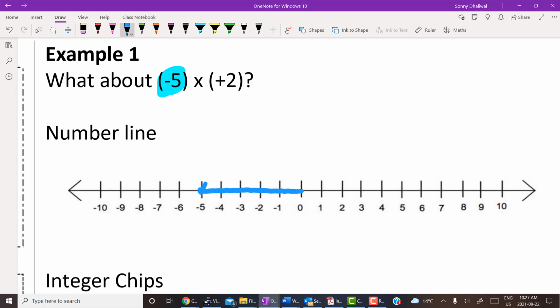Okay, there we go. How many times do we need to repeat this line? 2 times altogether. We already drew 1 line, right? So Johnny, you're right, just one more. So a line that is 5 long, draw it again, going in the same direction, right? Okay. And where we end up is the answer, -10.